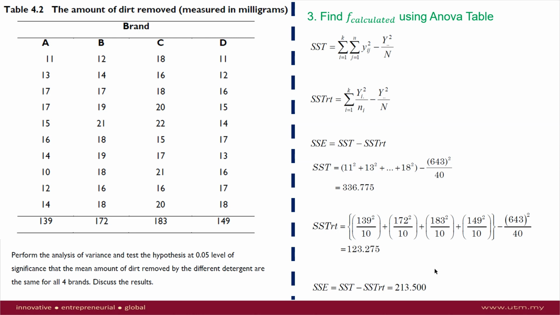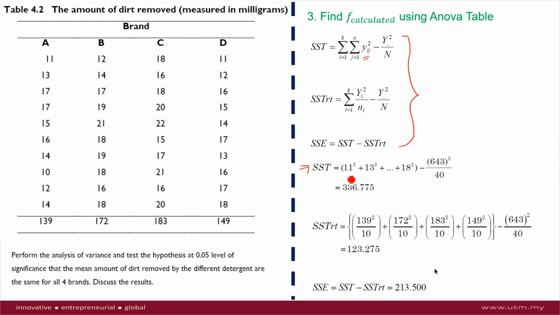Okay, now let's find the value of your f calculated using the ANOVA table. From this formula, how to find the value? Let's look at SST first. From the SST, we have here the small yij. The small y means the data inside the table.